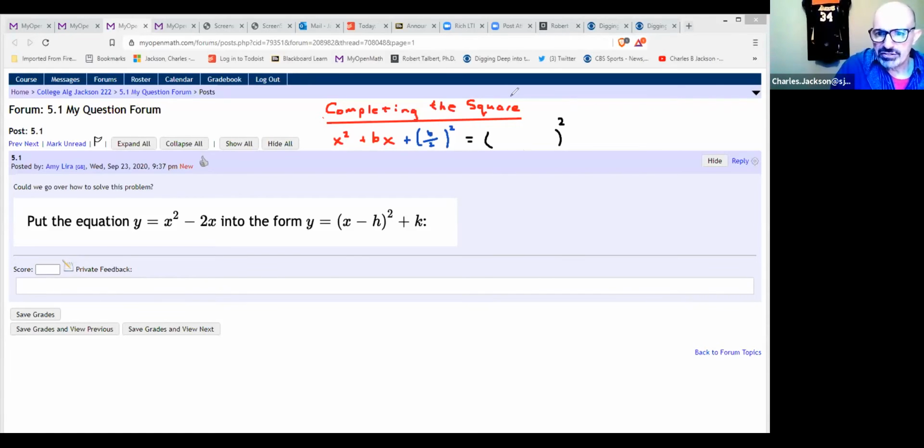And that completed square is the square of x plus b over 2. That just happens to be the way that that left-hand side factors. And so that's what we're going to do here.